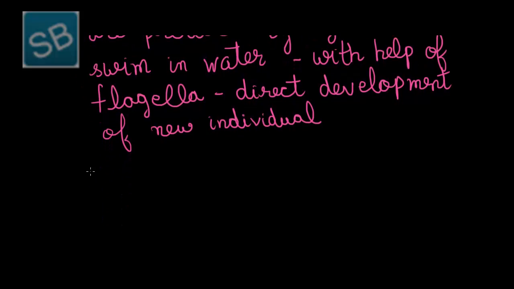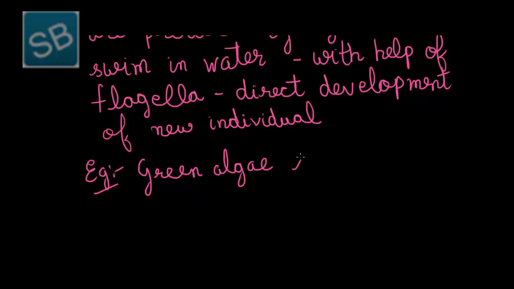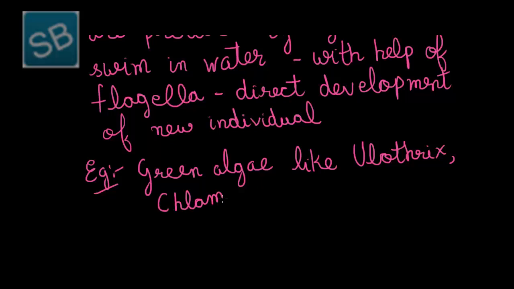Examples are green algae like Ulothrix, then Chlamydomonas, and Oedogonium.